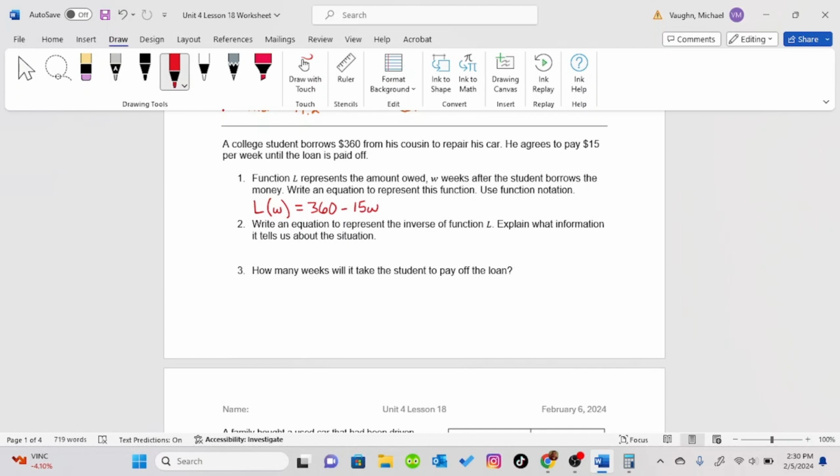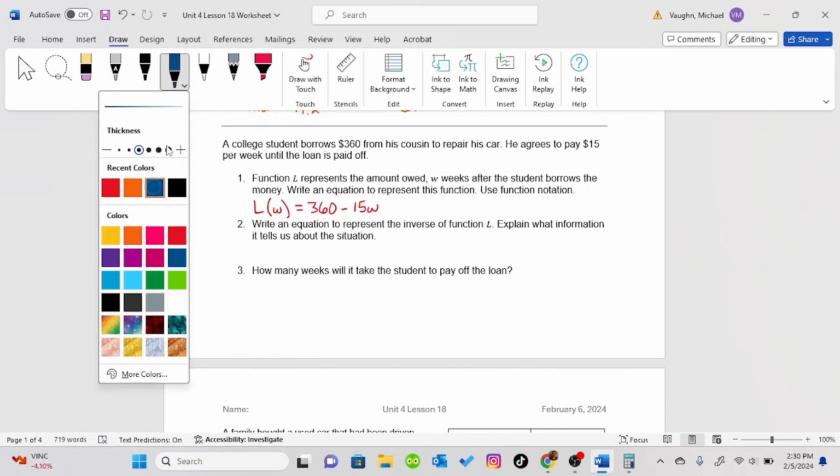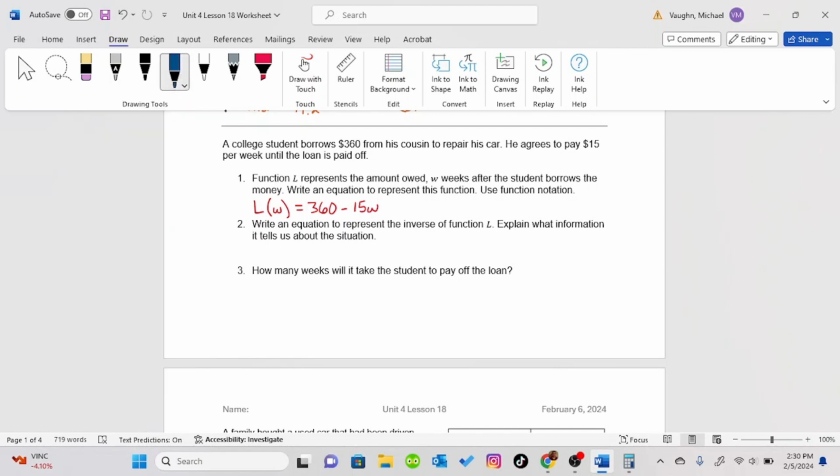Number 2, write an equation to represent the inverse of function L. Explain what information it tells us about the situation. So the first thing we're going to do is subtract 360 from each side.